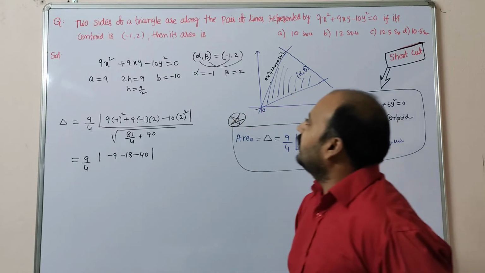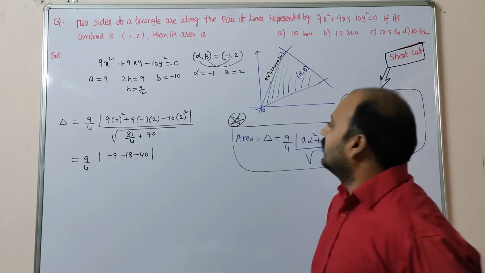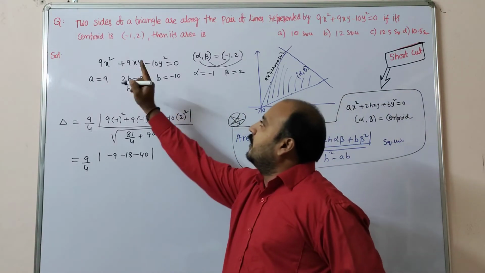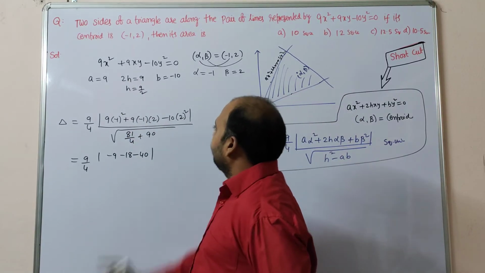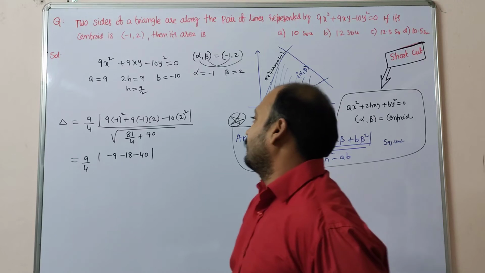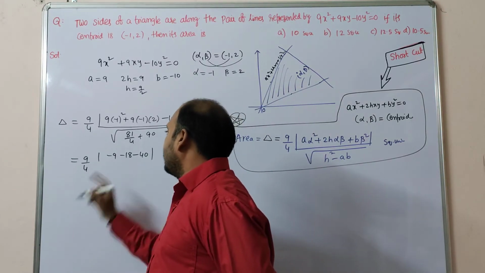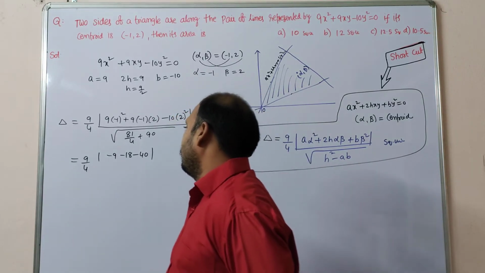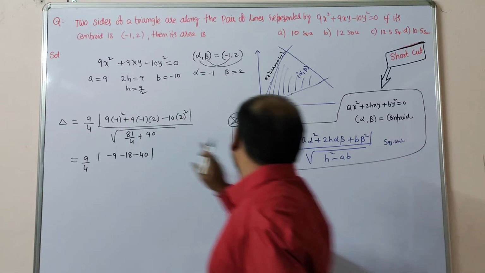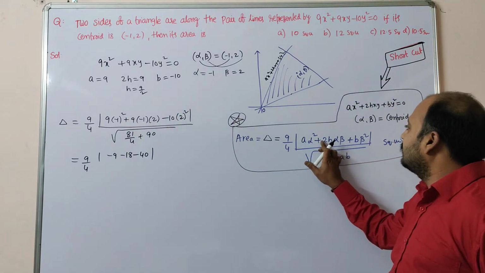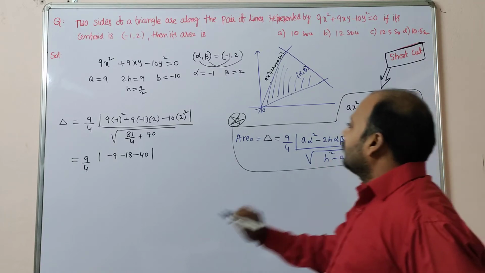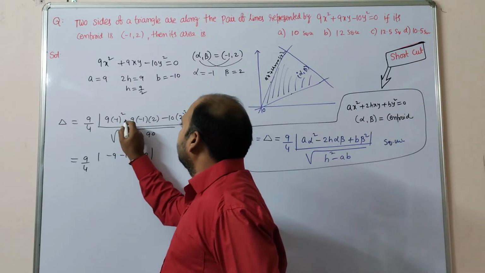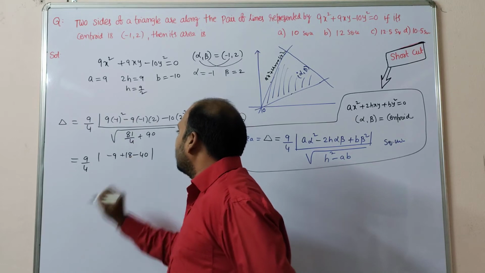One minute. The alpha beta values are minus 1 and 2, now 2hxy, so minus 18. Here it is 2h alpha beta, so here it will become plus.